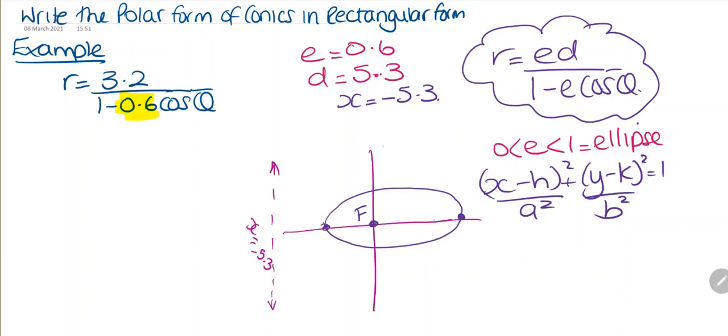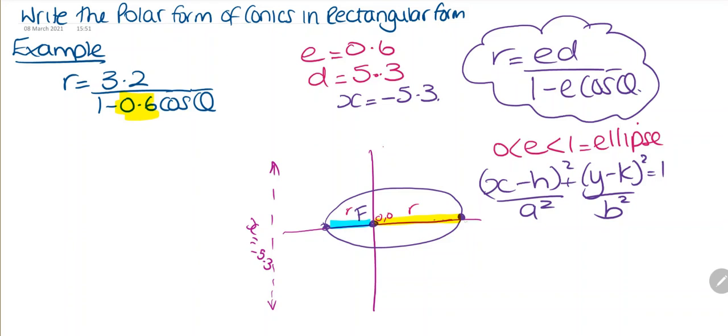Now, we don't know any points, so what we can do is look at finding r, which will be this distance here and this distance here. If this was a polar graph, we look to see r, and we can find the distance from the center, from 0, 0. To do that, we can substitute in values for theta.